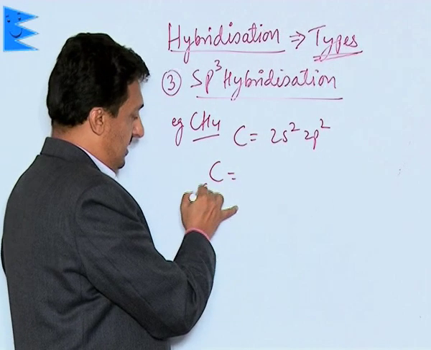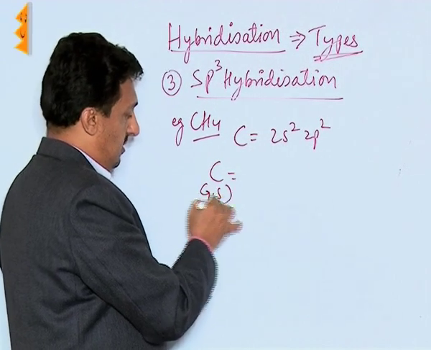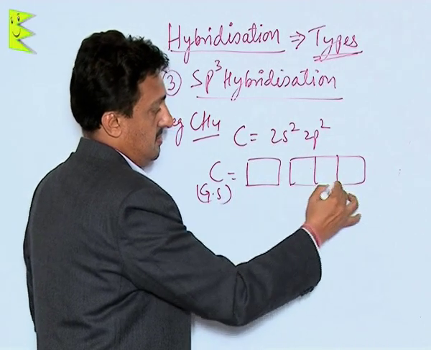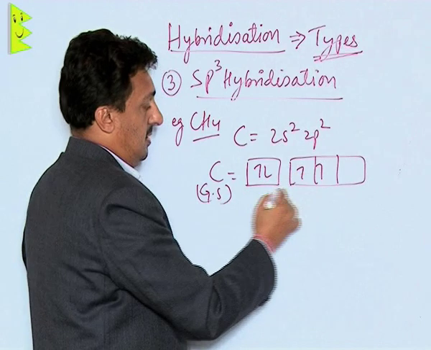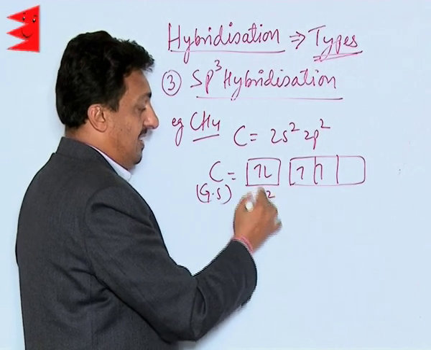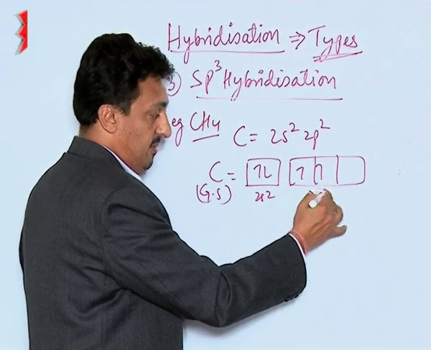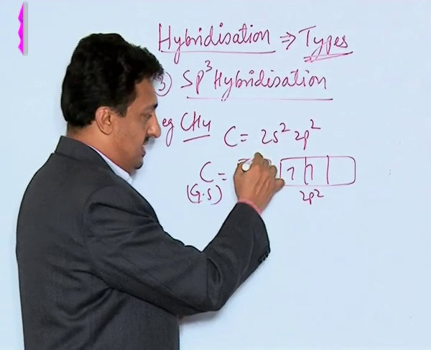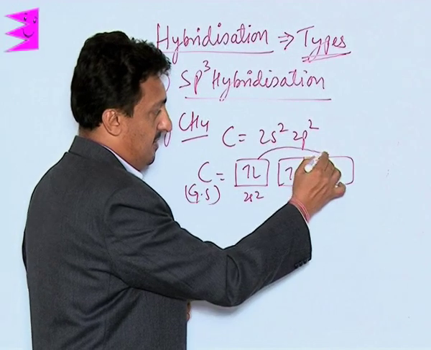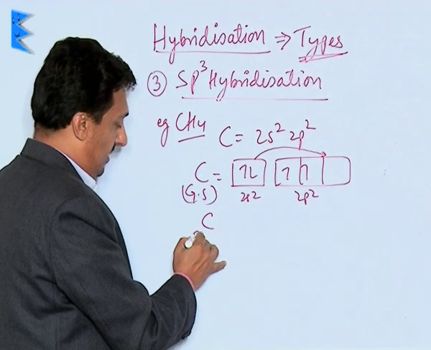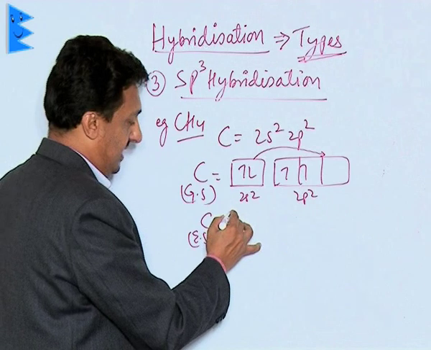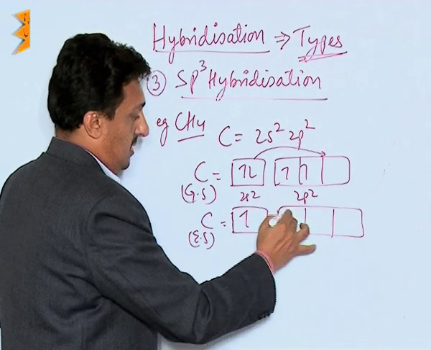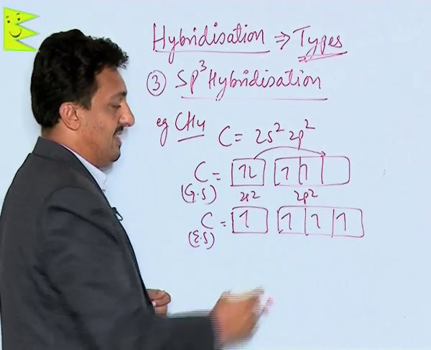In the carbon ground state, the s orbital is having 2 electrons and the p subshell is also having 2 electrons. Now in order to have maximum covalency, this paired electron on the carbon becomes unpaired. So in carbon in the excited state, this is how the 4 electrons get unpaired.